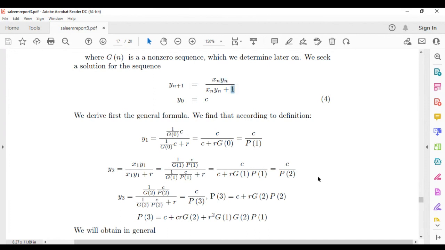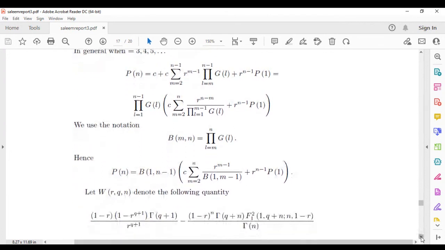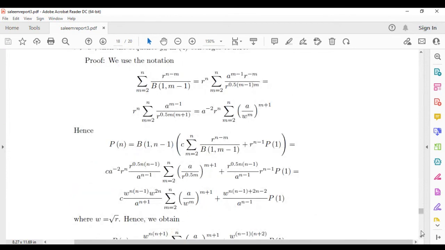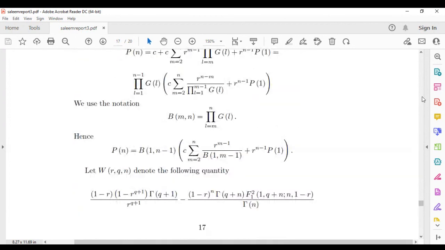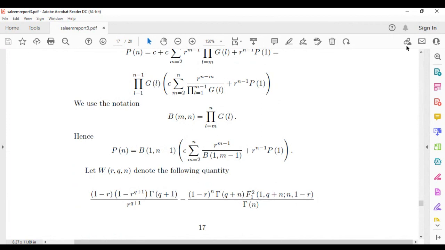In this case, we make simple calculations at the beginning in order to see what the form of Yn will be, and we reach that Yn will be in this form, C over Pn, where Pn is given by this recurrence relation. And we now focus our calculation on this form of Pn.